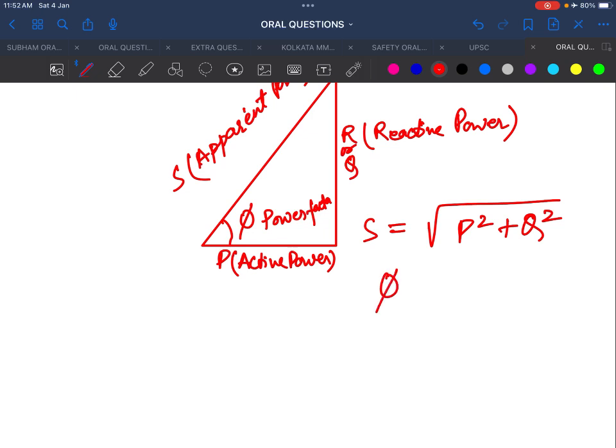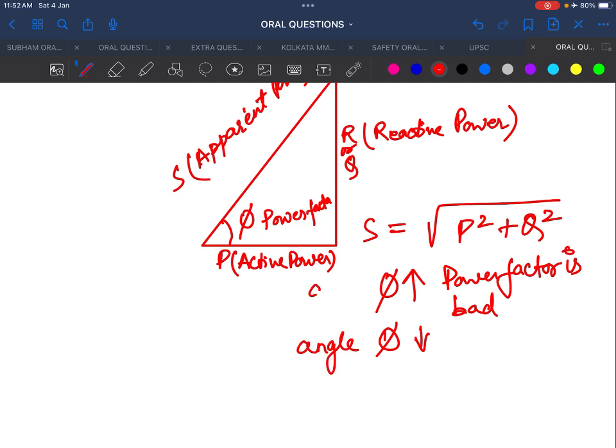So if phi is more, the power factor is bad. And if phi is less, it means the angle is less, then the power factor is good. It means they are not consuming that much reactive power to support the active power.